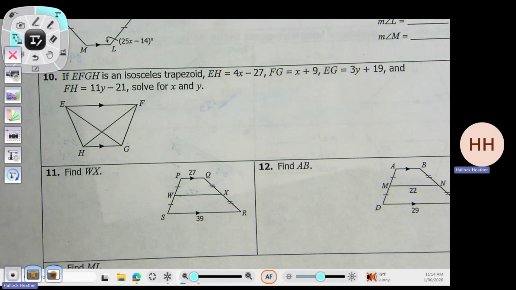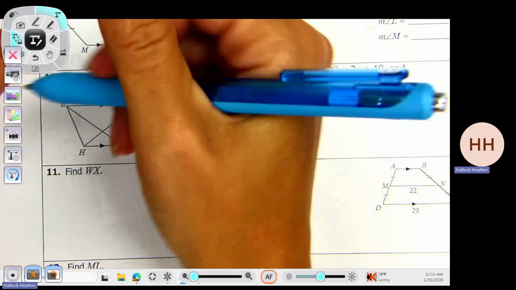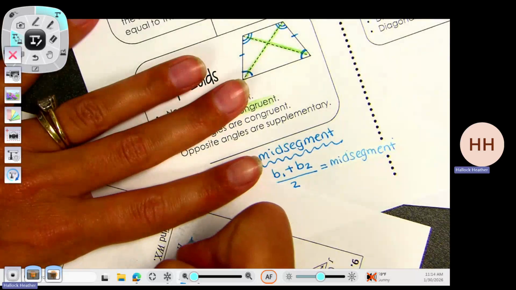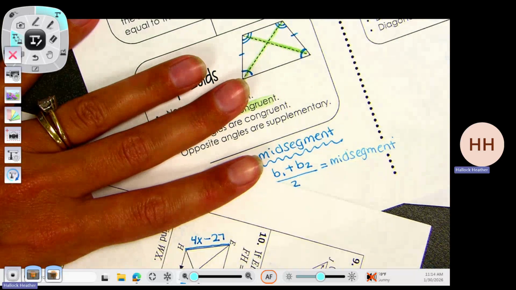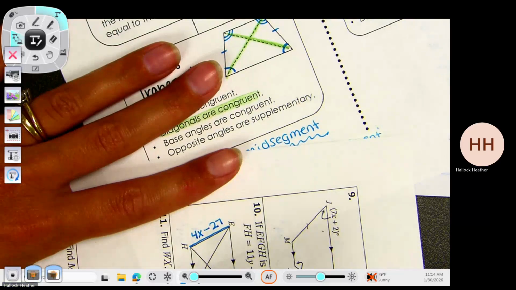This is just like yesterday. So E to H is 4x minus 27. Wait, let me just try my 4x plus 27 or minus 27. FG is 6 plus 9.